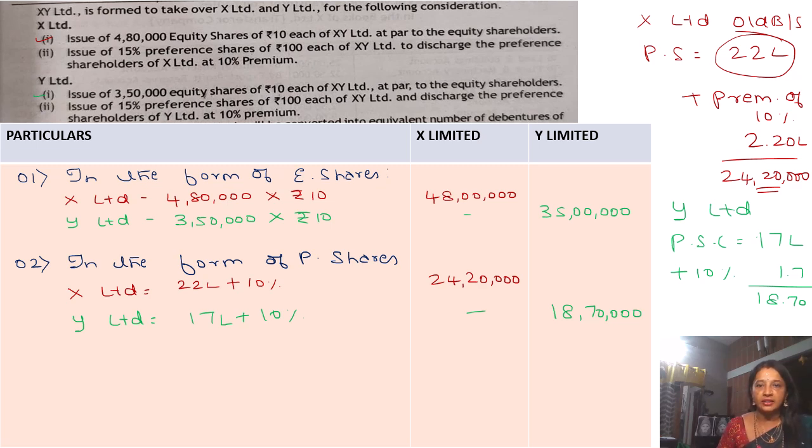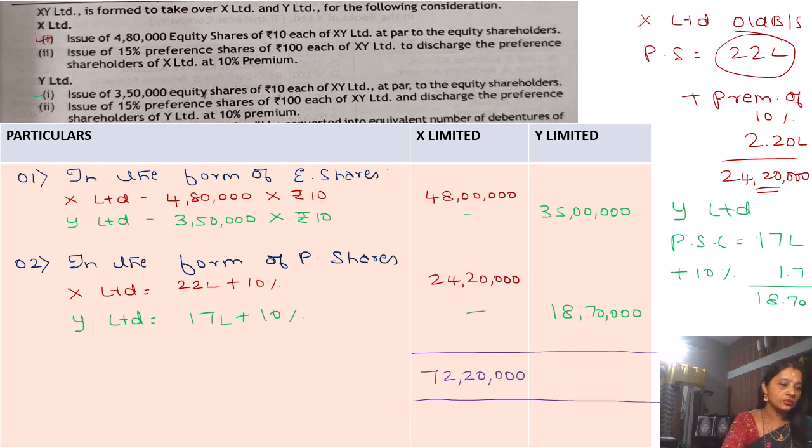So if you add the purchase consideration 48 lakhs plus 24 lakhs 20,000, you get a purchase consideration of 72 lakhs 20,000 to X Limited and 53 lakhs 70,000 to Y Limited.